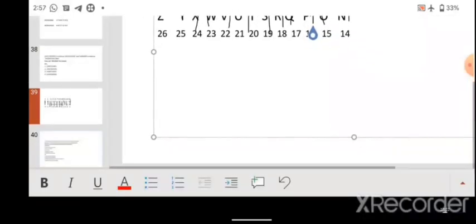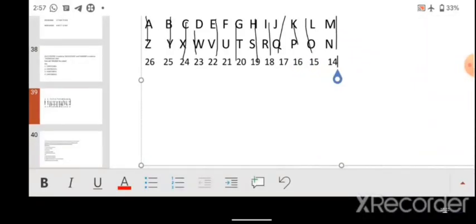So our question, how will we solve? The question is given what? What is the given? It is given as festive, right? Festive is given.